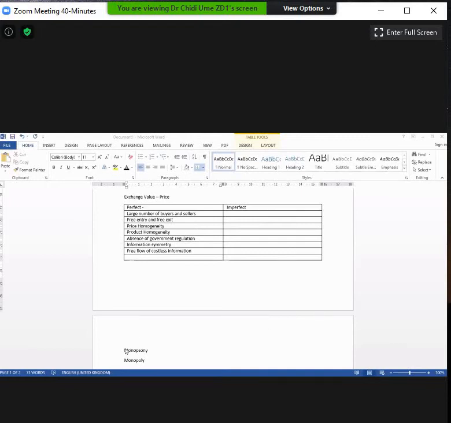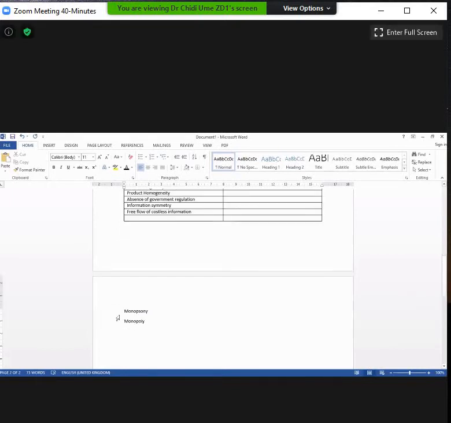Markets can be classified on several fronts. They can be classified on the basis of transaction.